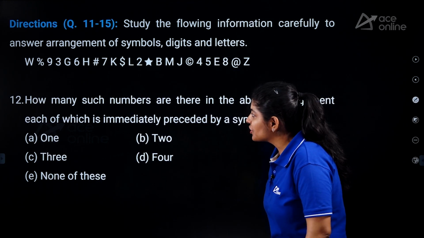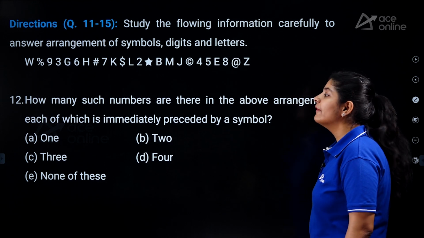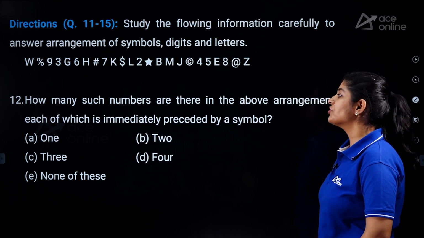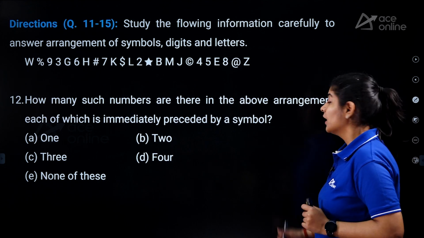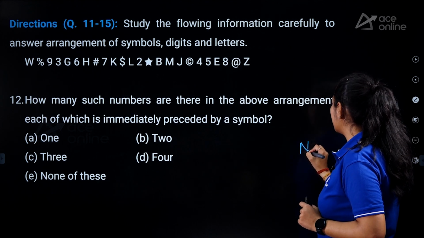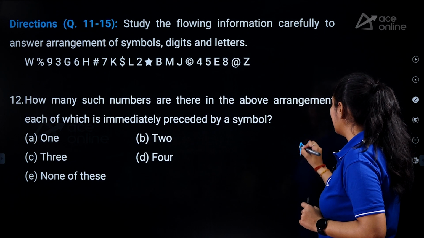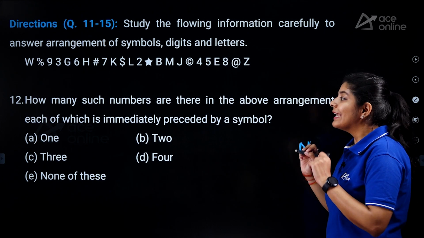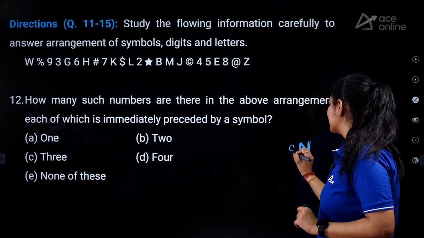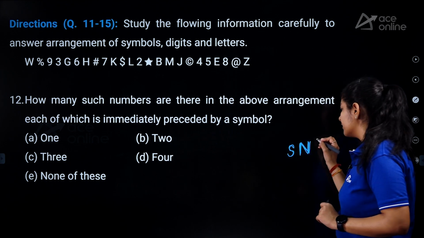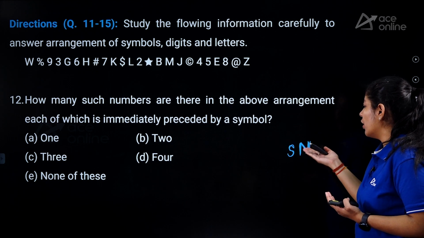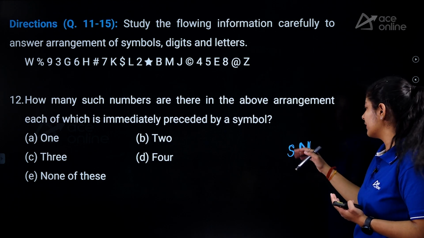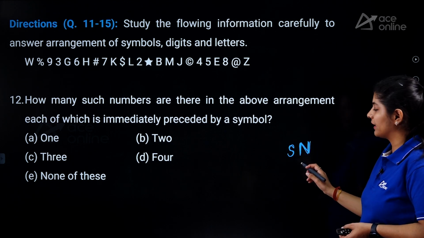How many such numbers are there in the above arrangement, each of which is immediately preceded by a symbol? We need to identify a number which is immediately preceded by a symbol. The last number is not followed by anything, so we will only focus on this particular category.